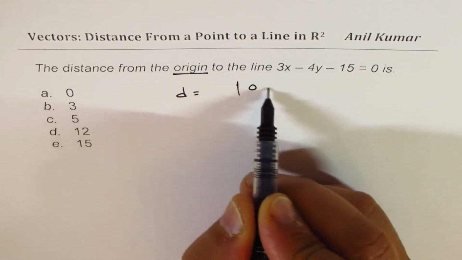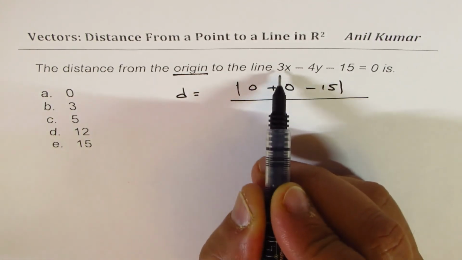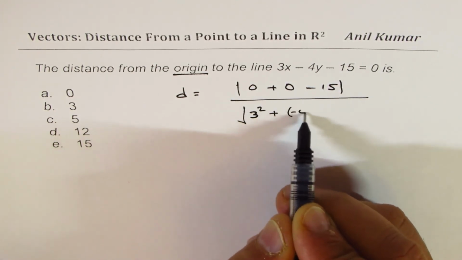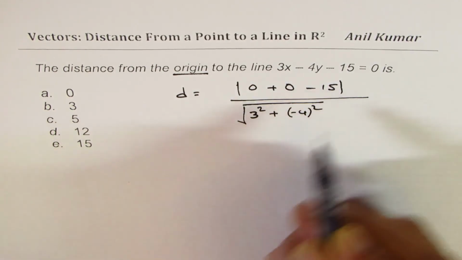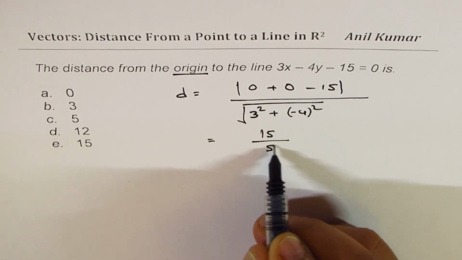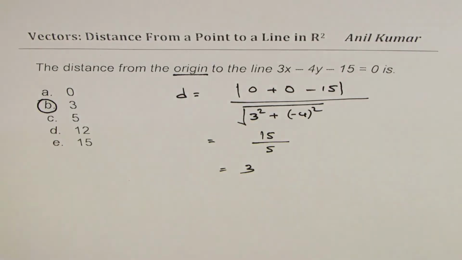So that means this becomes 0 plus 0 and this minus 15, right? Divided by square root of a square plus b square, square root of 3 square plus (-4) square, which is 15 over 5, correct? Which is equal to 3. So it is option B.